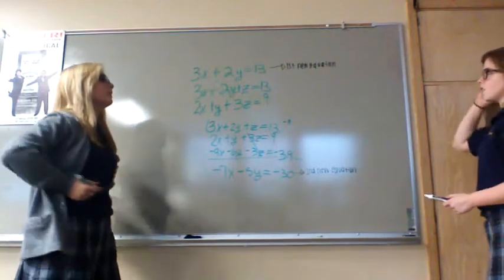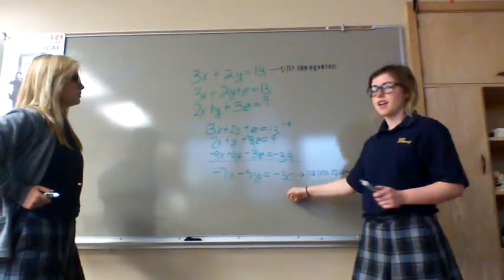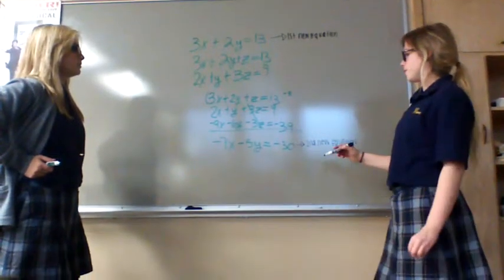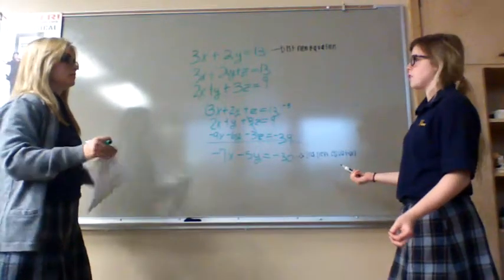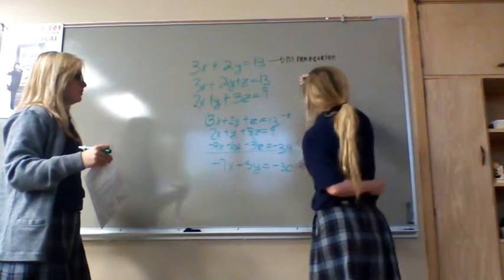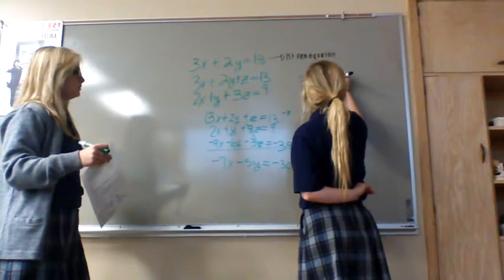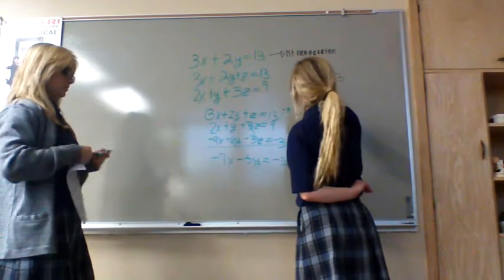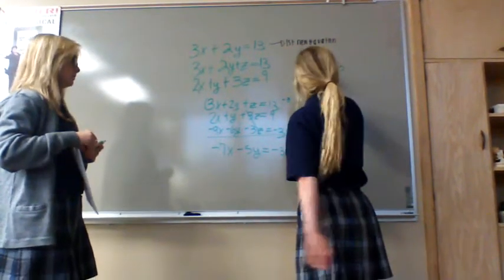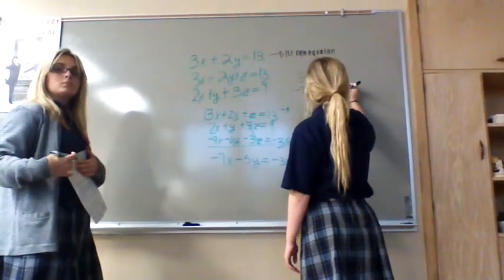And then you will take your first new equation and your second new equation, and solve for either x or y, whichever you want. So we set it up: 3x plus 2y equals 13, and then negative 7x minus 5y equals negative 30.